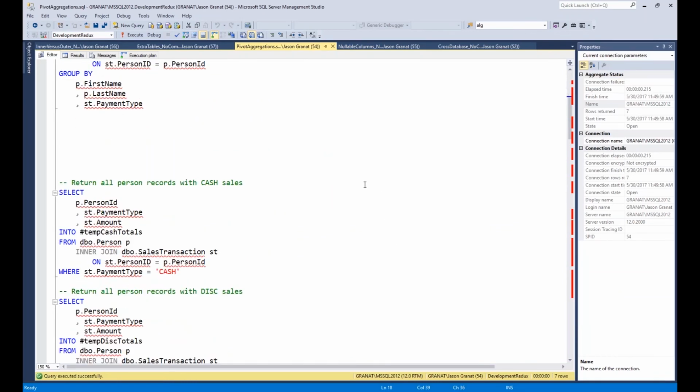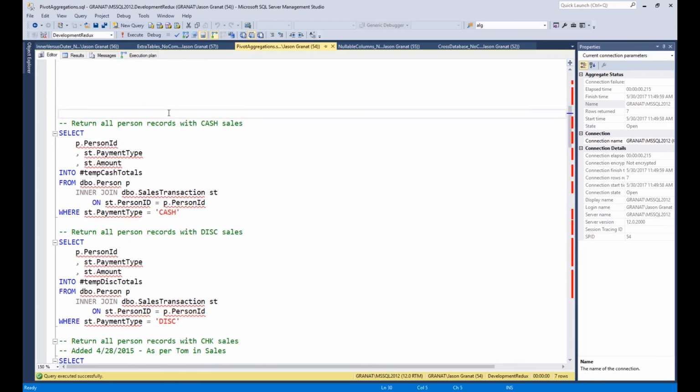So what I've seen before is situations where people have said, well, I want to return maybe my cash and my Discover card sales. And my examples here are trivial, right? They've only got a person and a sales transaction table. Maybe there are 5 or 6 different tables involved here. Maybe there's a whole bunch of things in the where clause, right?